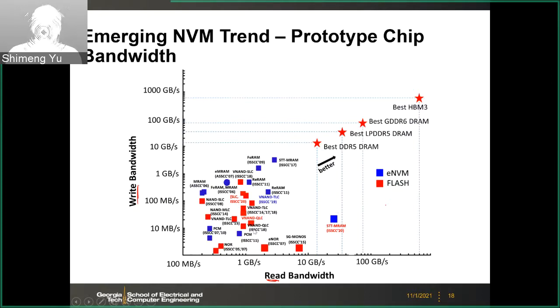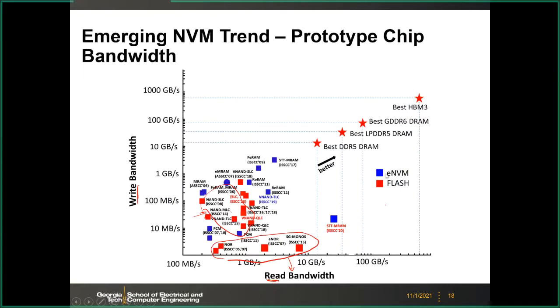The bandwidth is low. You may have the NAND flash and NOR flash, and NOR flash is typically here. NOR flash is good in read, faster in read, but NOR flash write is also slow. And then those are probably the NAND flash.